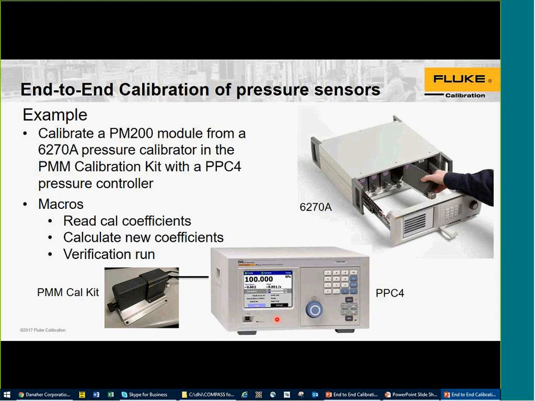In the example, I'm using a PPC4 to calibrate the PM200 module. Most often you'd use a piston gauge, but the theory is all the same. You can use the macros to read the calibration coefficients from the module, calculate new coefficients, and do a verification run.